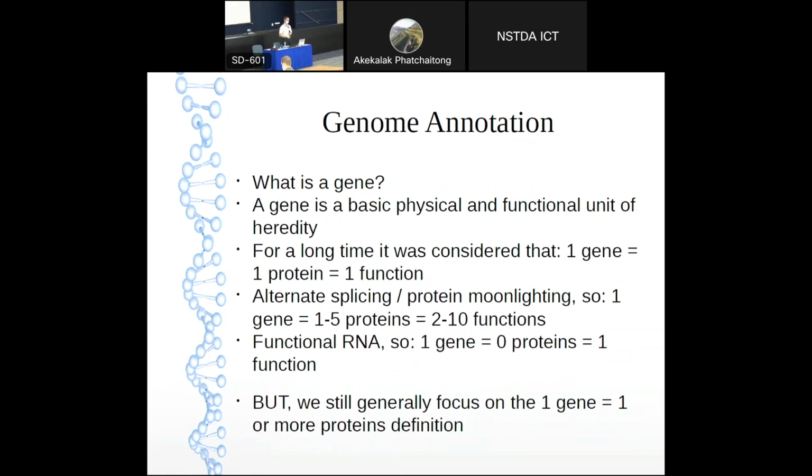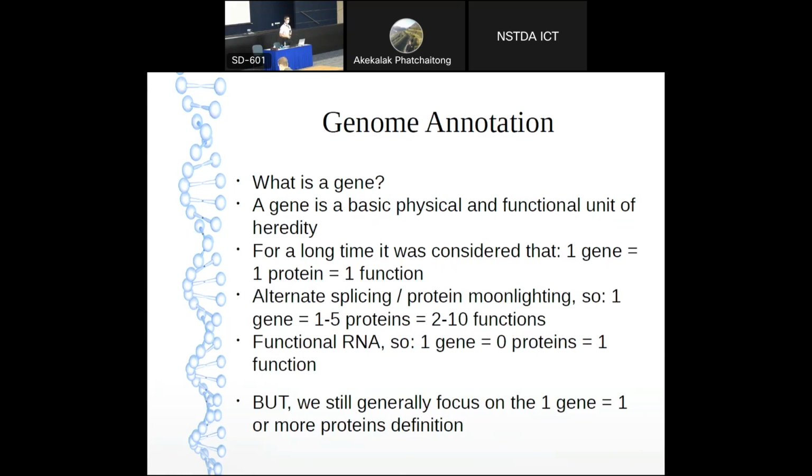Okay, so firstly, what is a gene? So a gene is a basic physical and functional unit of heredity. For a long time, it was considered that one gene produced one protein, which gave one function. But later we identified alternate splicing and protein moonlighting.